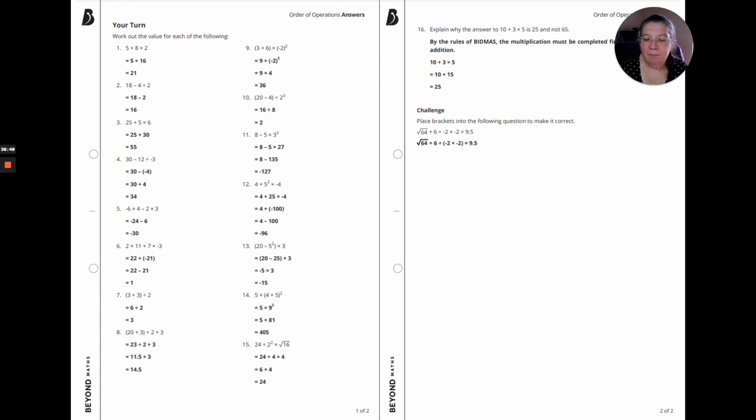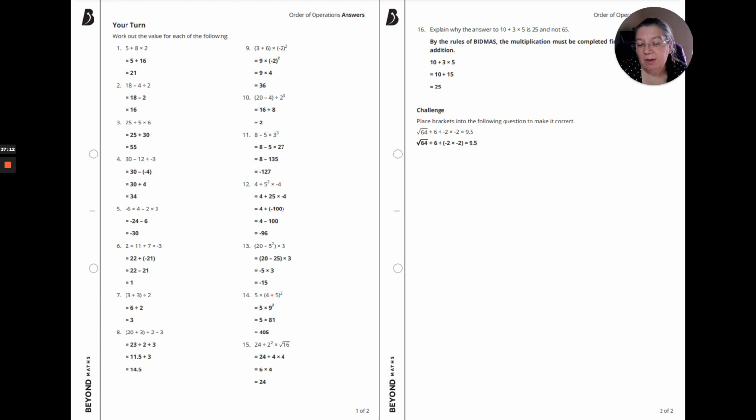Question 15. We've got lots of things going on here. 24. And then we've got a squared term. And we've got a square root. Okay. We haven't got brackets, so we'll do the indices first. So indices includes that root.